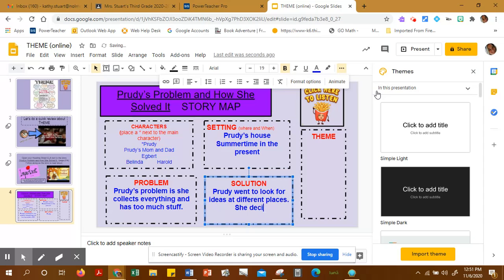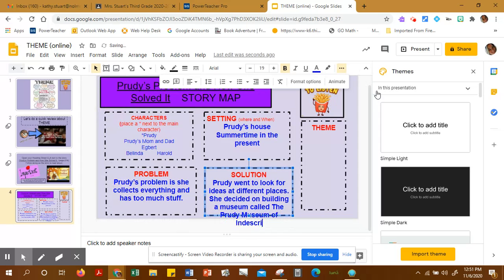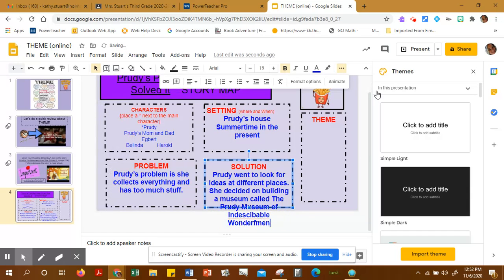She decided on building a museum called the Prudy Museum of Indescribable Wonderment.